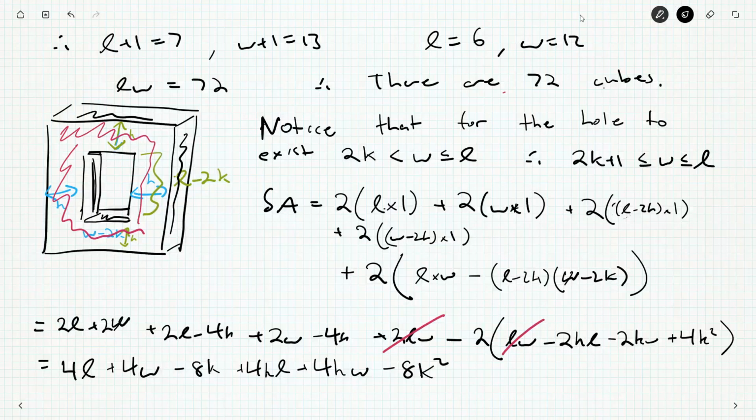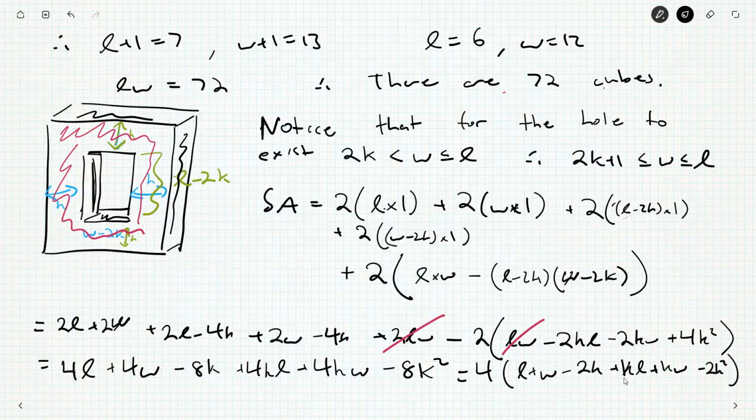Well, if I'm curious as to whether or not it works, I should probably also take out a factor of 4 just to make my life a little easier. L plus W minus 2k plus KL plus KW minus 2k squared. I'm also thinking we might want to combine L plus W as a single term.